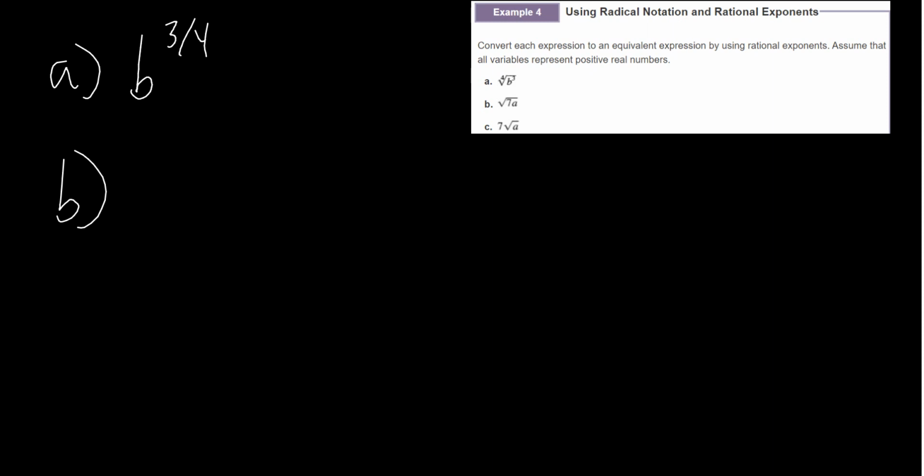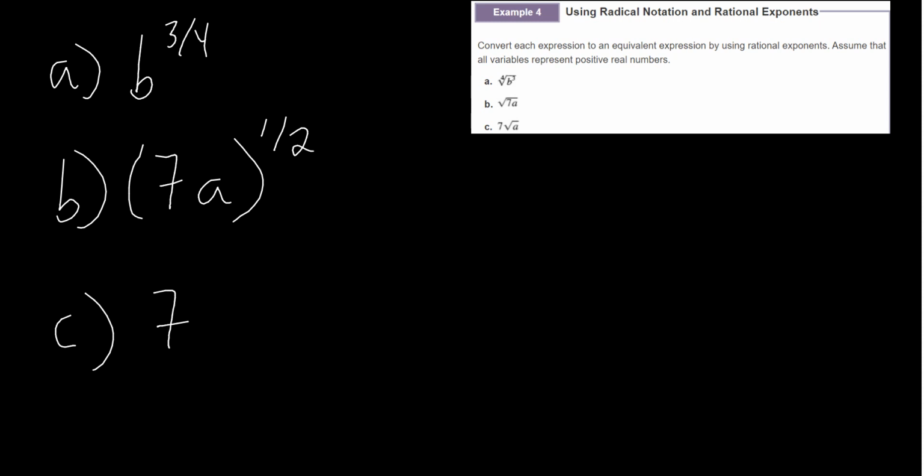So both the 7 and the a are going to be raised to the 1/2 power. C is a little different because only the a has the radical attached. So it's 7 times the a, which is the only one that has the radical on it. So we'd say 7 times a to the 1/2 power. So B and C, a little tricky, but that's how that's done.